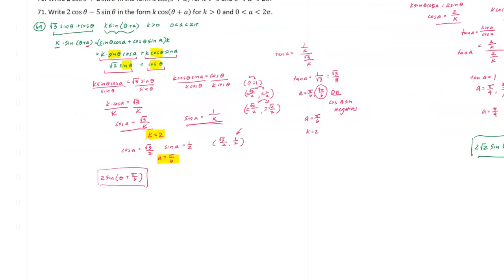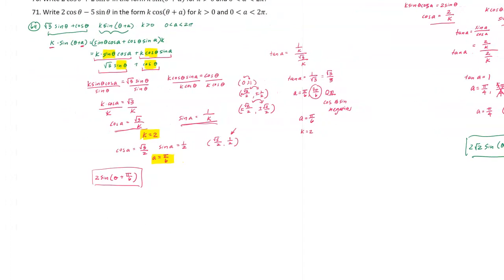Now, 71 is the hardest out of them all. So we had k cosine of theta plus A, and this equaled 2 cosine of theta minus 5 sine of theta.